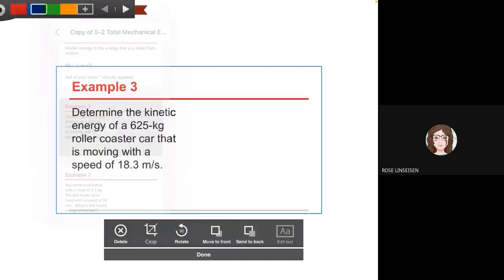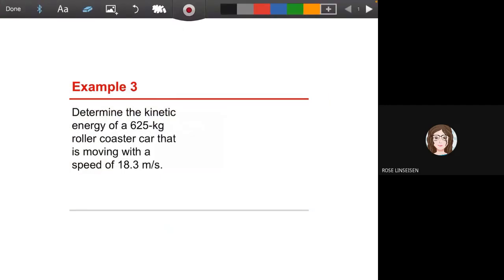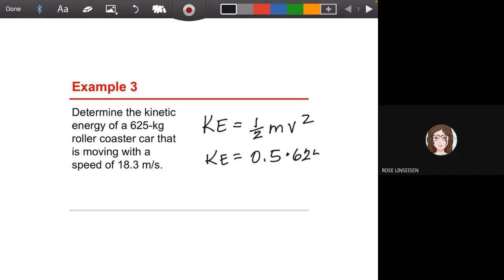So I'm just going to do a couple of these real quick. Determine the kinetic energy of a 600 kilogram roller coaster that is moving at 18.3 meters per second. It's one half the mass of the object times velocity squared. So I put it in like this. Your mass is 625 kilograms and your velocity is 18.3. And remember, you want to square that.